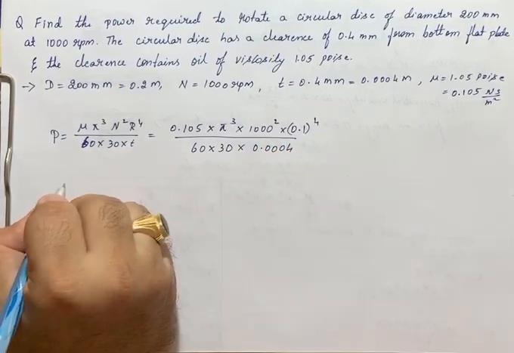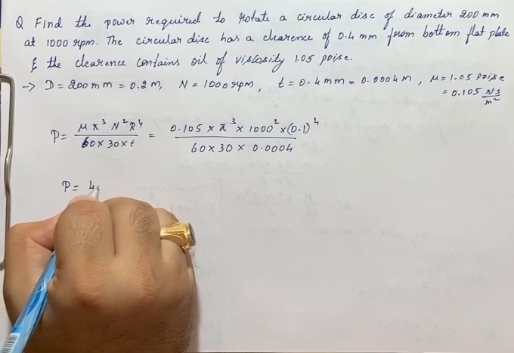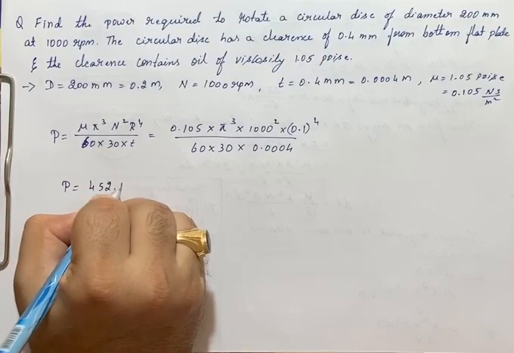So at the end I will get the value P is equal to 452.1 watts.